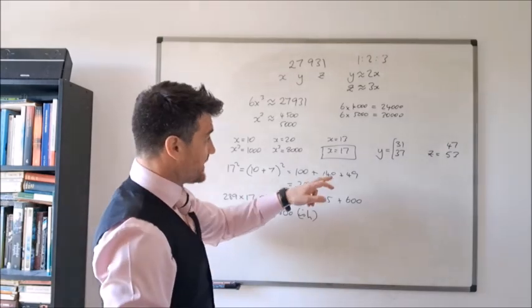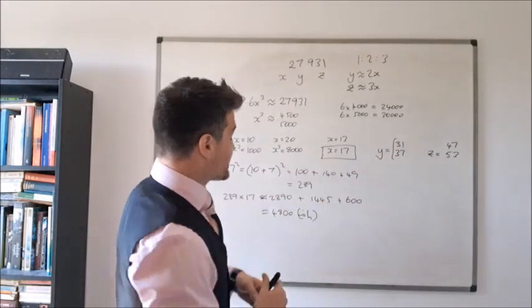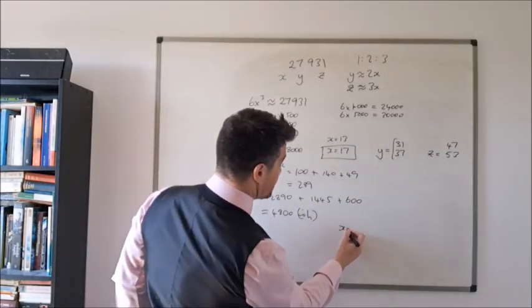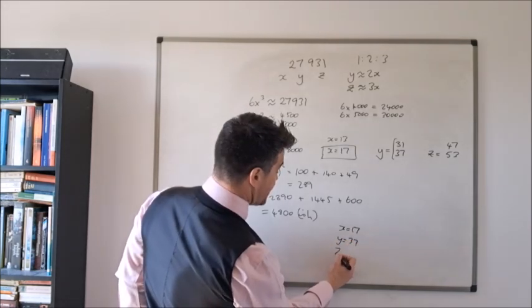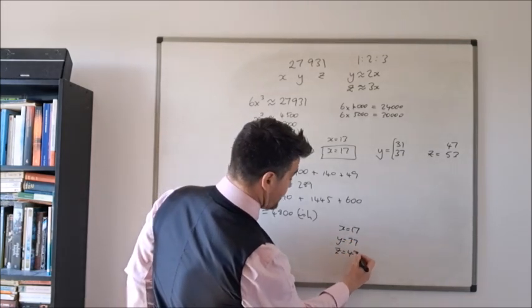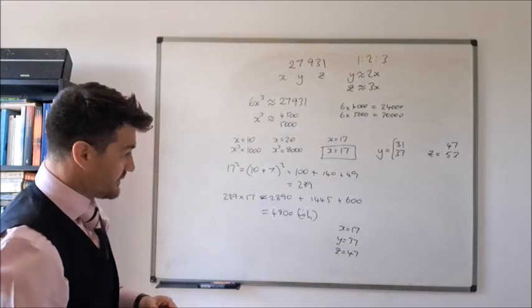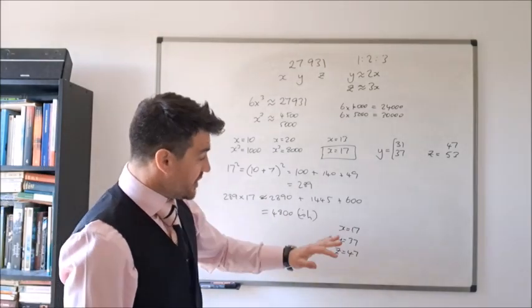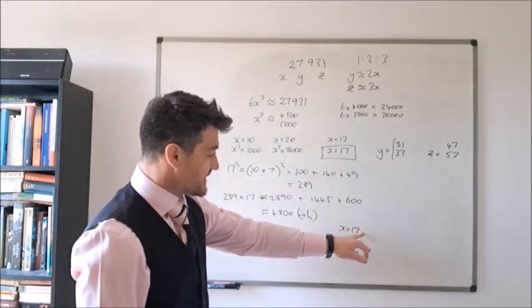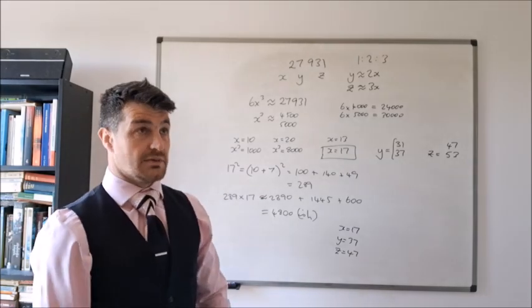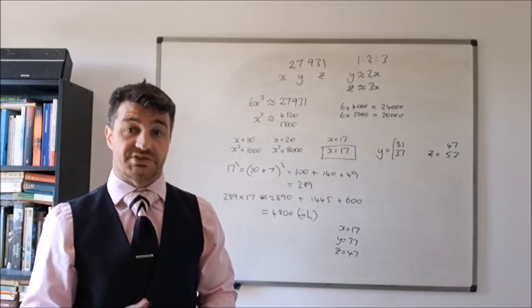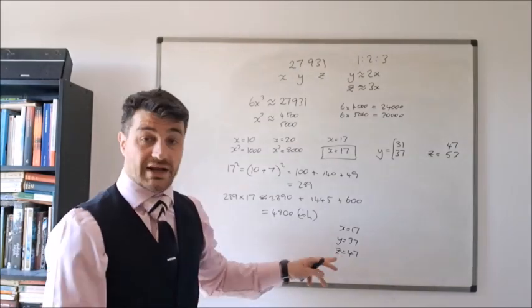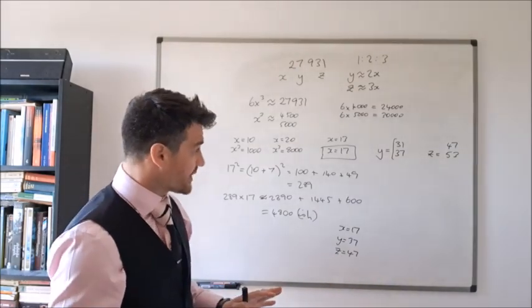So for example, if I choose x equals 17, y equals 37, and z equals 47, the terminal digit of xyz will be 7 times 7 times 7, which is going to be 3. 7 times 7 is 49, times 7 again is 243. So that combination is out. That doesn't work.